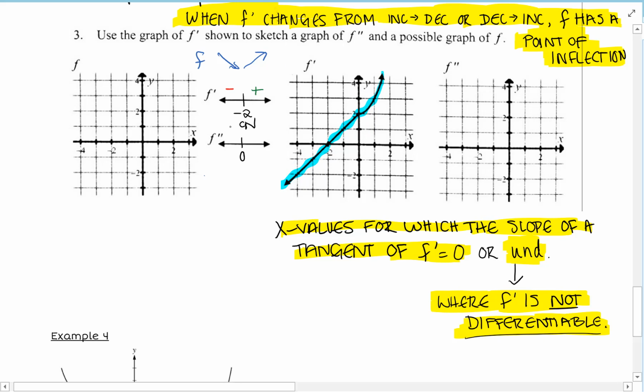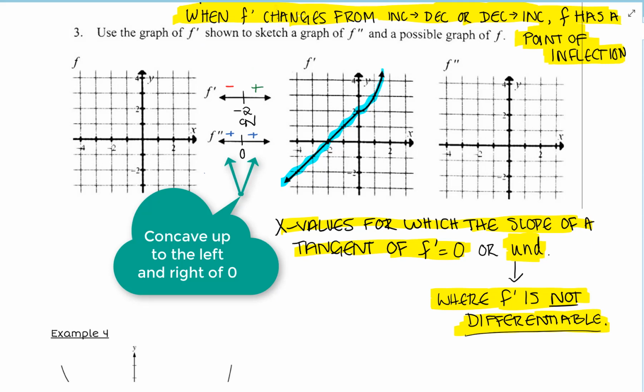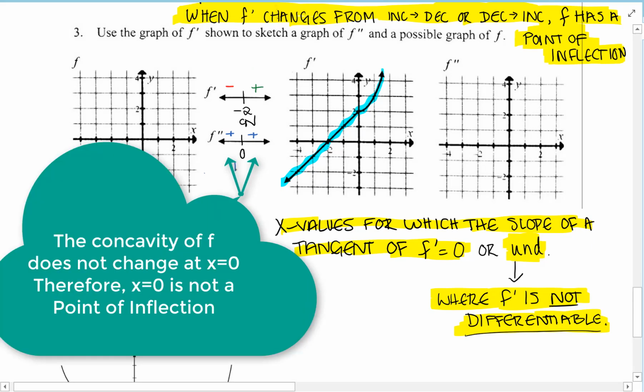So the interval for the f double prime number line less than 0 is positive because f prime is increasing. And the interval to the right of 0 is also positive because the graph of f prime continues to increase. This means that f will be concave up. Because the graph of f will be concave up, 0 is not a point of inflection.